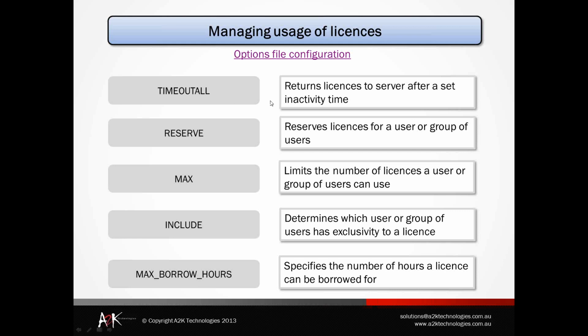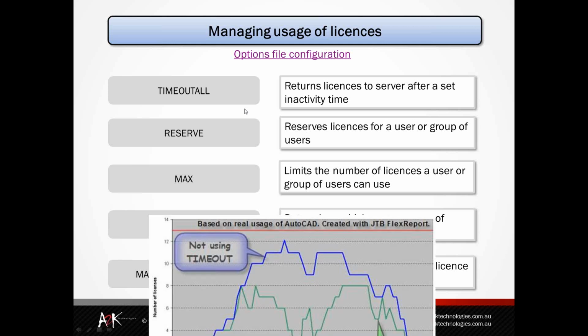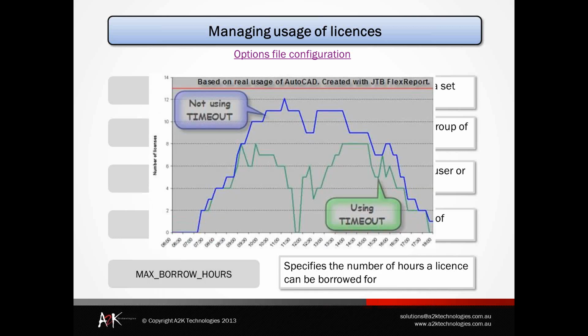Now, just on the timeout all, we actually have a bit of a graph here of the advantage of using the timeout tool. We just see there basically the blue line. This is from an actual usage chart. The blue line indicates without using the timeout, and the green line indicates if you're using the timeout function.